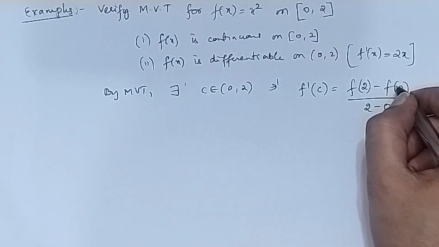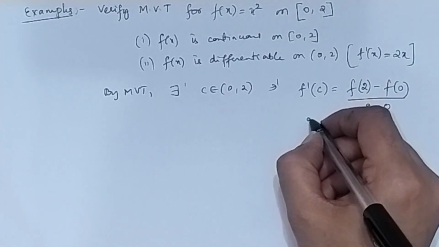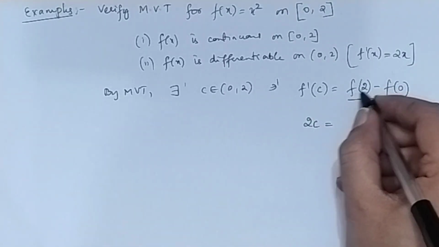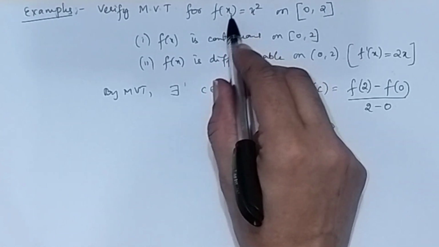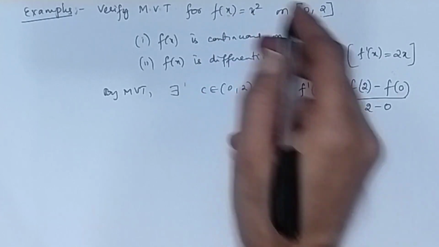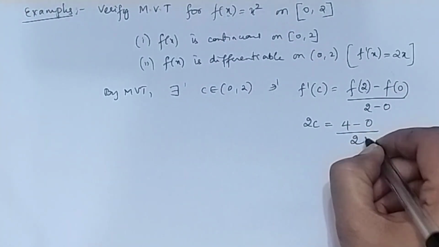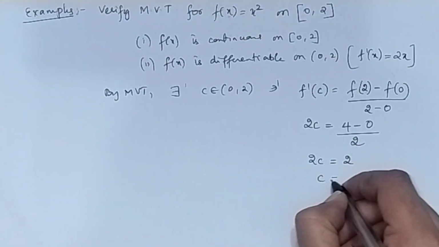You have to simplify this now. F dash of x is 2x, so f dash of c is 2c, which is equal to f of 2, substitute x equal to 2 in this function. So 2 square is 4 minus f of 0, put x equal to 0, 0 square is 0, divided by 2. So 2c equal to 4 by 2 is 2, c equal to 1.